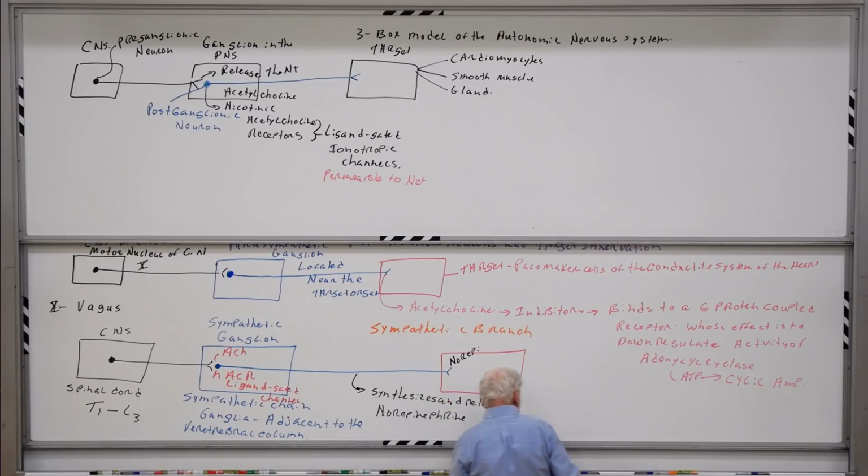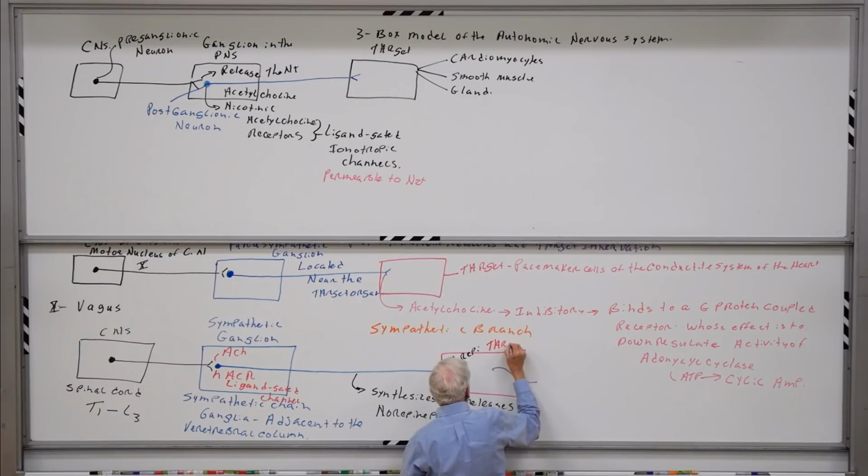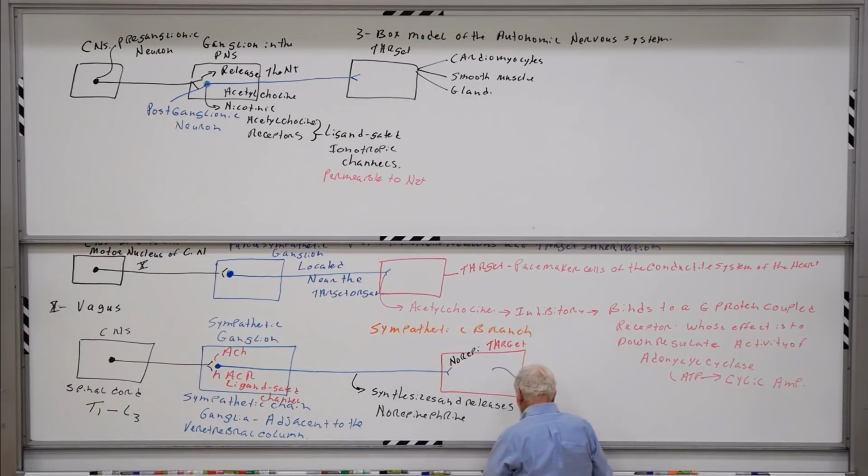And it would stand to reason that here on this target, there must be norepinephrine receptors. And sure enough, there is a type of norepinephrine receptor called a beta-1 receptor.